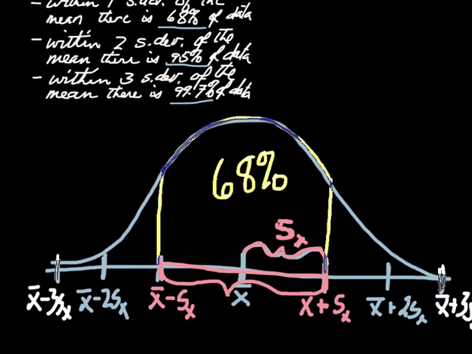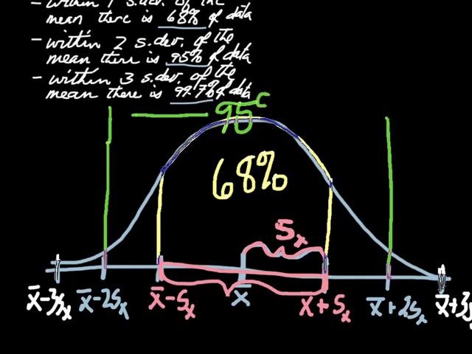So now if I go to the next level, what if I'm within 2 standard deviations? Now I'm looking at all the data between the 2 green lines. Well, 95% of all data is between those 2 green lines.